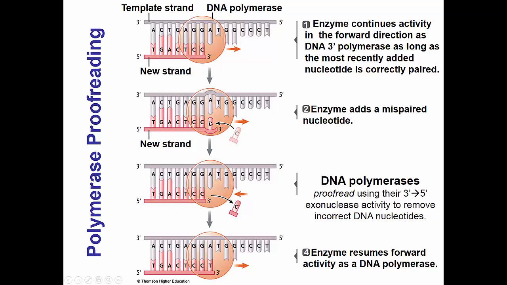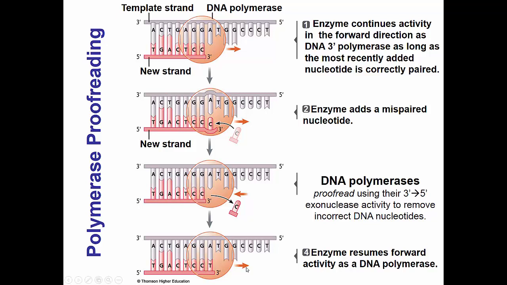When that happens, most of the time DNA polymerase will recognize that error and will proofread by backing up to take out that incorrect nucleotide using the 3' to 5' exonuclease activity. So remember, we're moving in the 5' to 3' direction synthesizing. So the exonuclease activity goes back in the opposite direction to remove the incorrect nucleotide, and then DNA polymerase starts forward again.